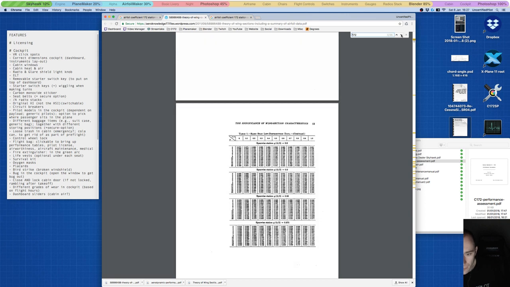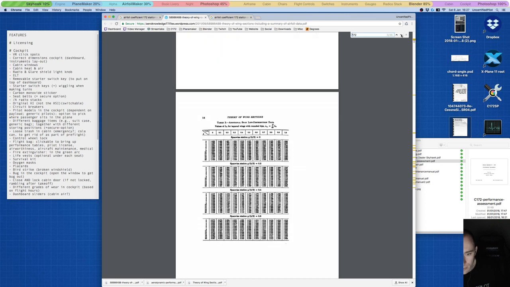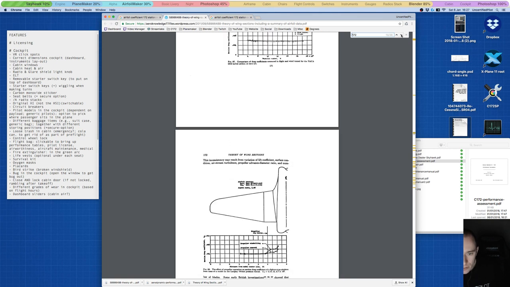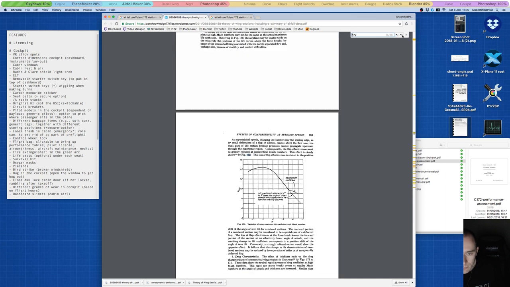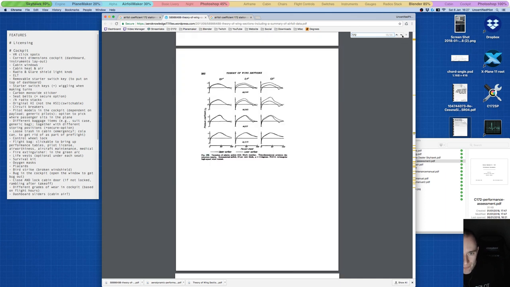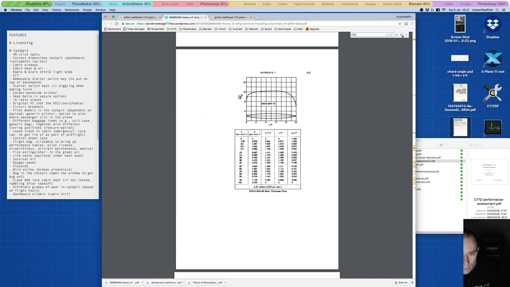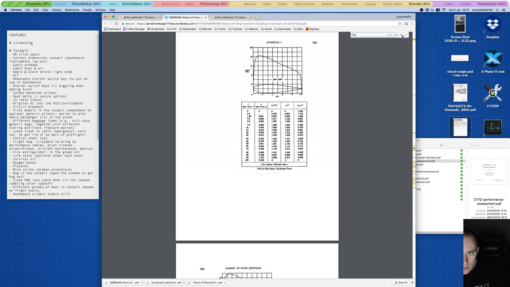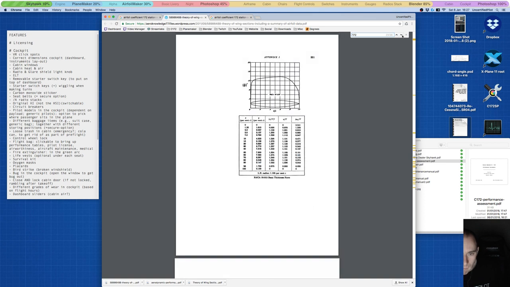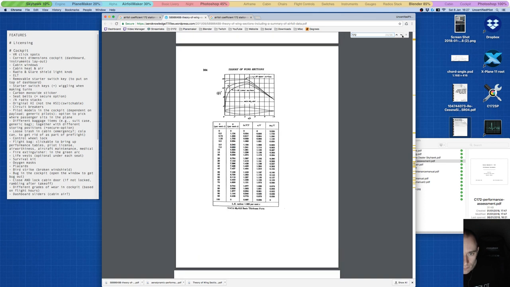No, no, no. Figure 172. No, this is hopeless. But just to be sure.